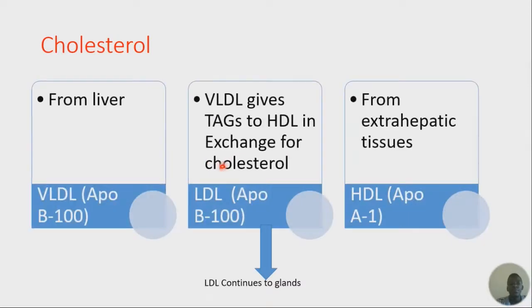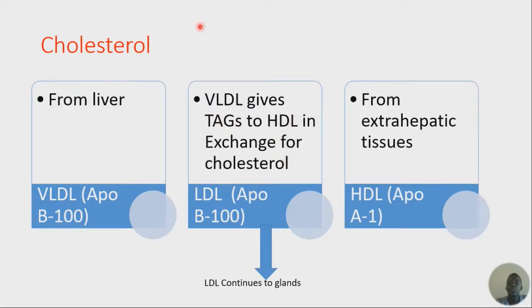Now look at this. This is what I've been talking about. The liver gives you VLDLs. When they reach the blood, there is a transfer of cholesterol and TAGs. Cholesterol is transferred from HDL into VLDLs to form LDLs, so the VLDLs give TAGs to HDL.